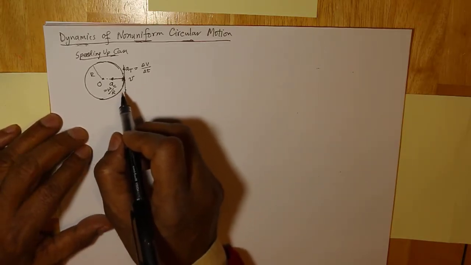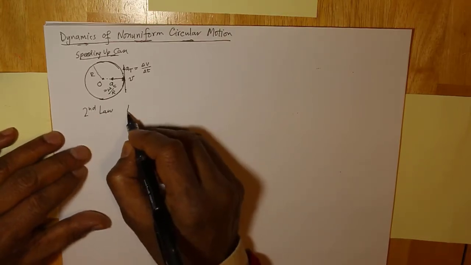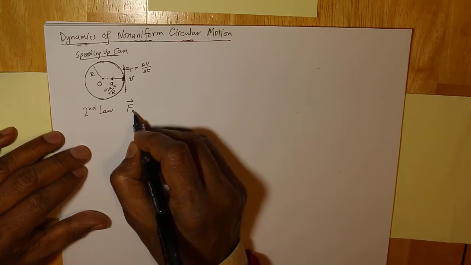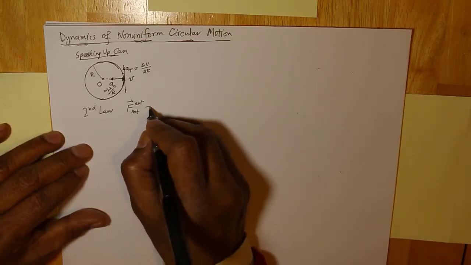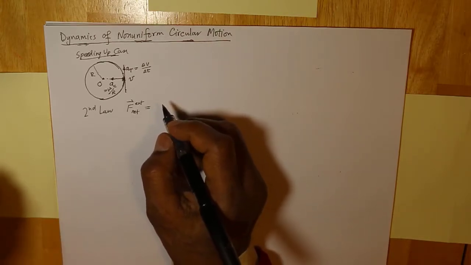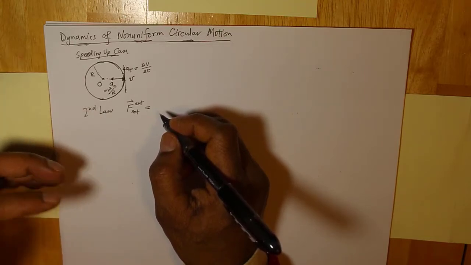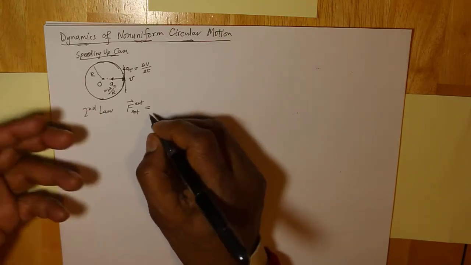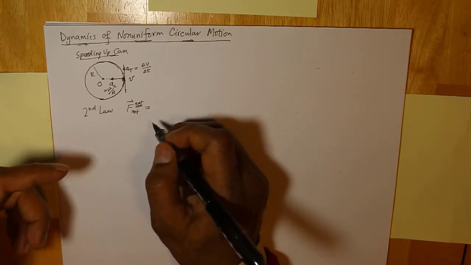So as you know from the second law, we have F net, and usually it is external. So we can talk about a multi-part object, like a car going around. We're not looking at the parts of the car like the engine applying a force, but only the forces from outside the car.